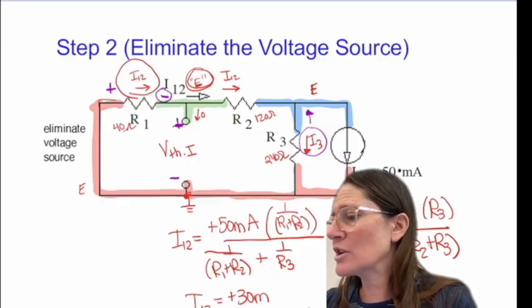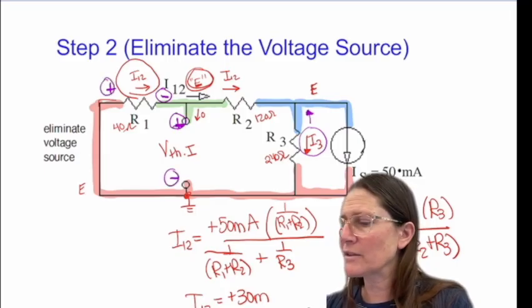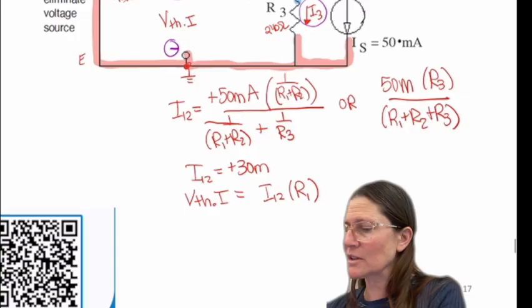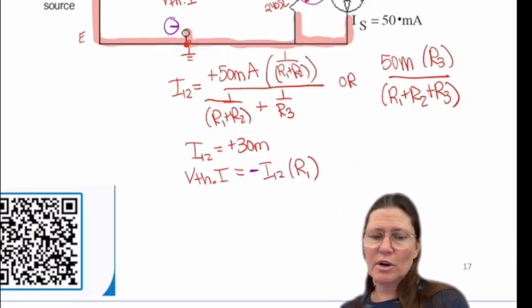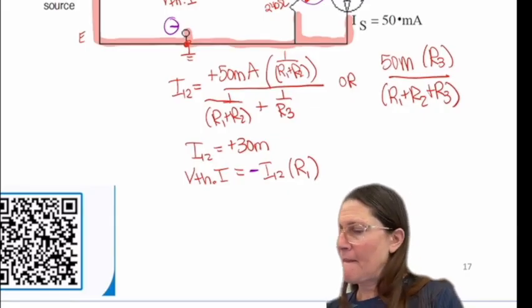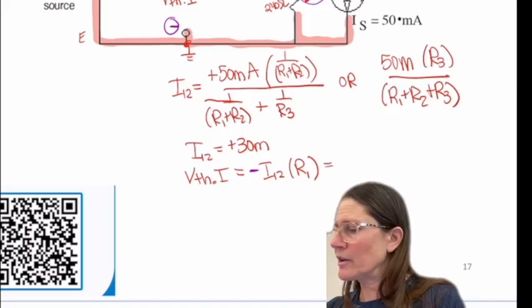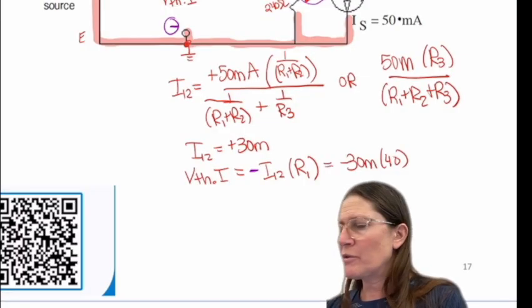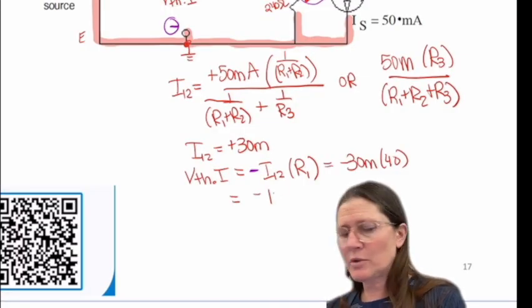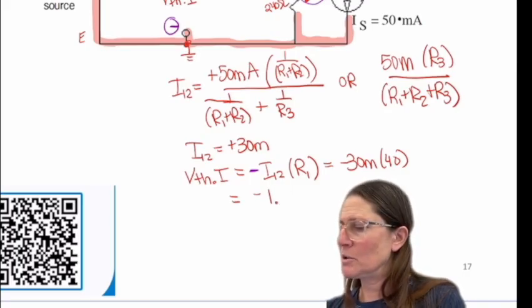So these are actually opposites, and then on the red, that's a plus and that's a minus. They're opposite. So this is going to be a negative I12 R1. So this gives negative 30 milli times 40 for a value of negative 1.2 volts.